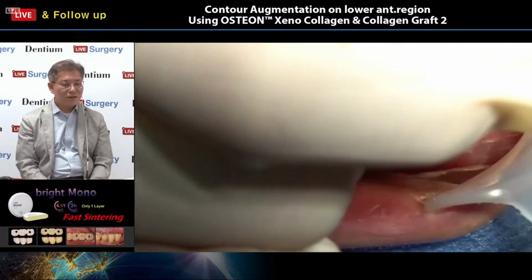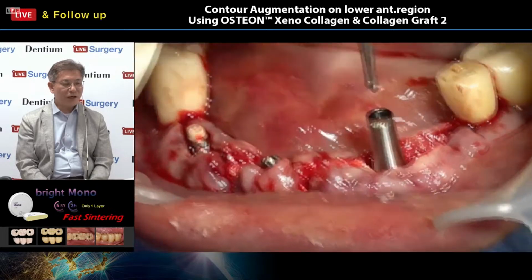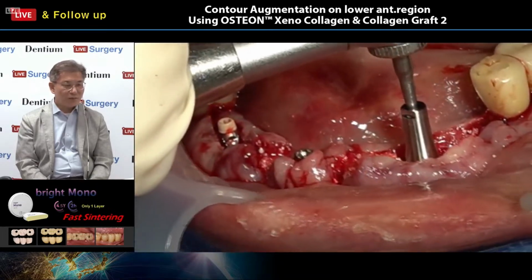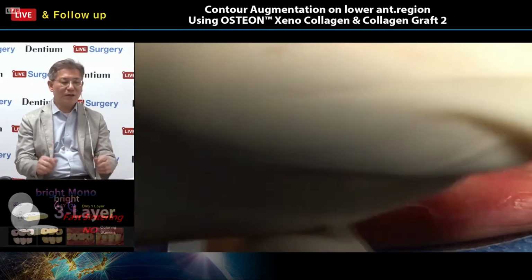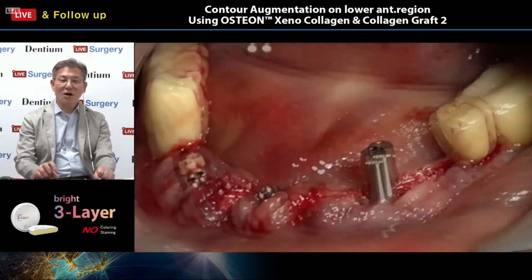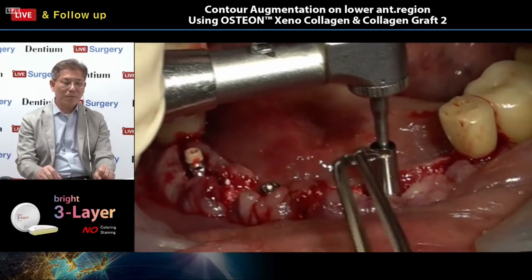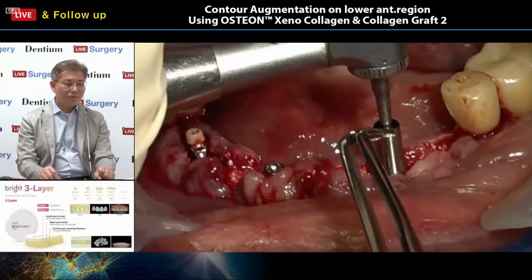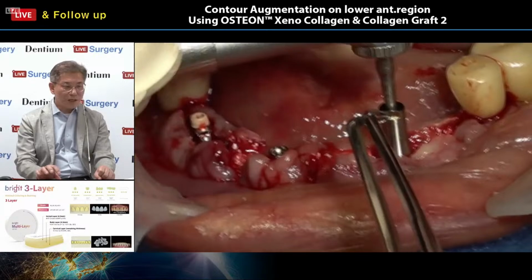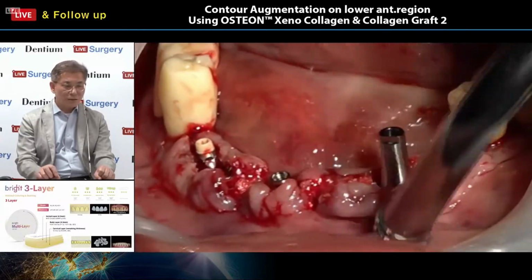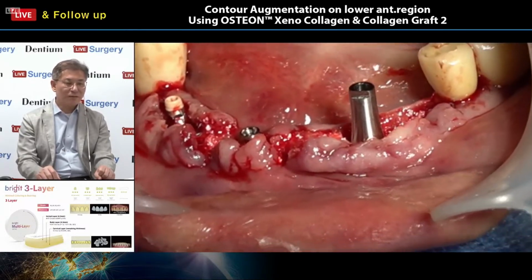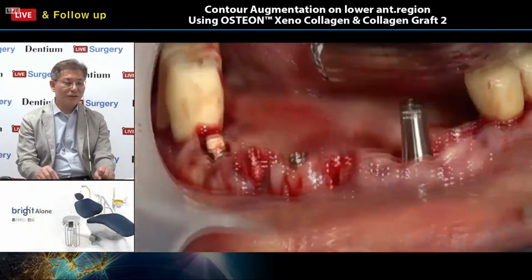And Dr. Chung is going to engage the healing abutment. Actually, the official name is scan abutment, the comfort cap. This cap works as a scan abutment and also as a healing abutment, a dual function.